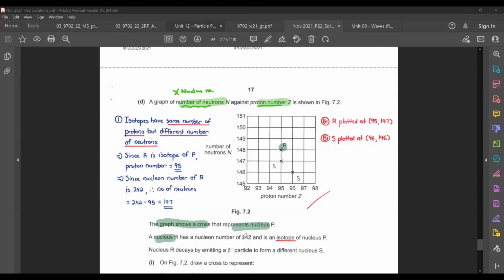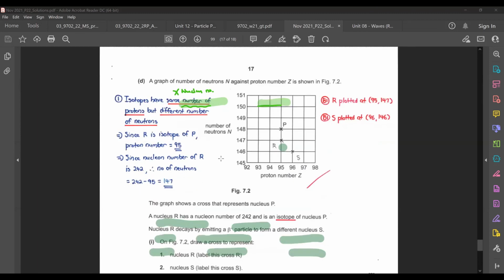Nucleus R has nucleon number of 242 and is an isotope of nucleus P. Nucleus R decays by emitting a beta minus particle to form a different nucleus S. On the figure, draw a cross to represent nucleus R, label it R, draw a cross to represent nucleus S and label it S. Okay, so let's work with what we have.